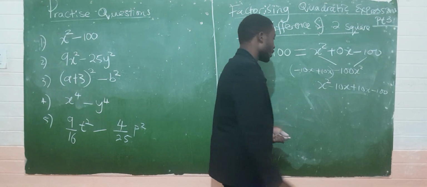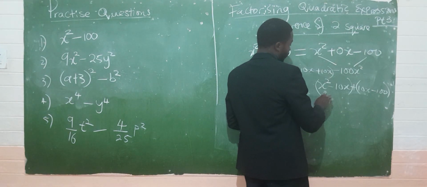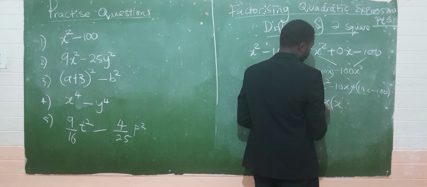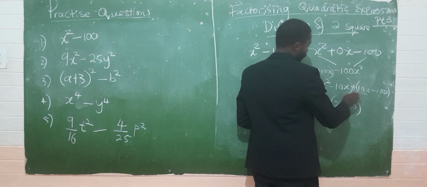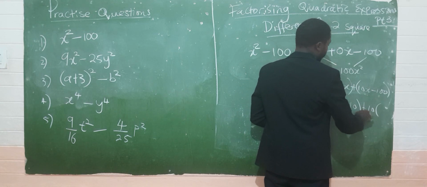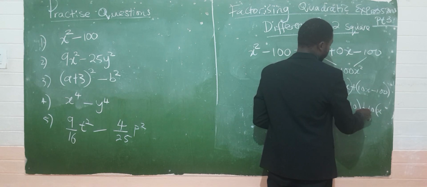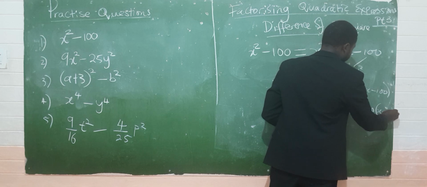I'll go ahead and group. The common factor there is x: x into that, and x into that gives negative 10. And of course, I have a plus there. What's common there is a 10, and 10 into 10x is x, and positive 10 into negative 100 will leave me with negative 10.